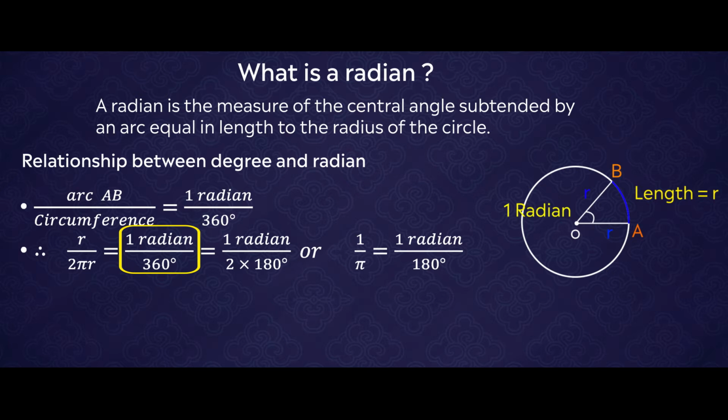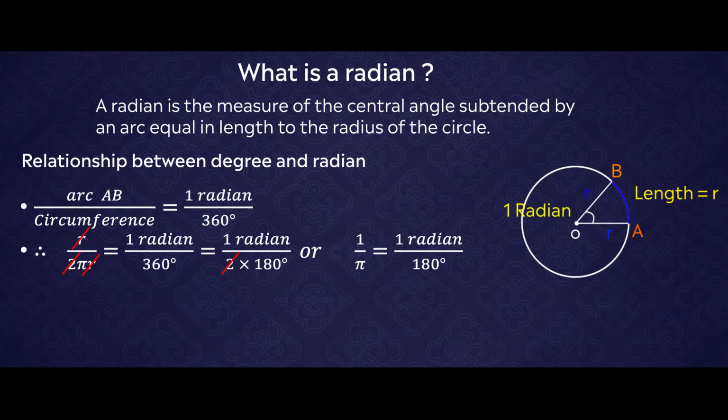360 degree, which is equal to 1 radian divided by, I can write 360 degree as 2 times 180 degree. Now, if you compare these two, 2 and 2, r and r get cancelled, and you are left with 1 divided by pi is equal to 1 radian divided by 180 degree.